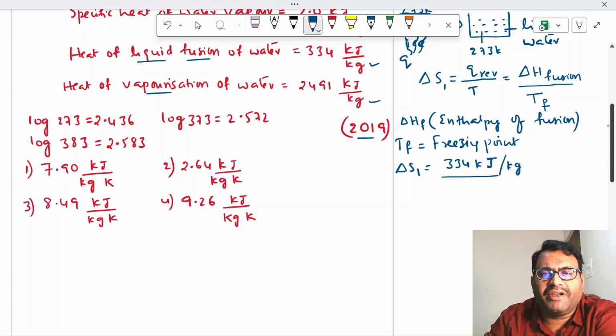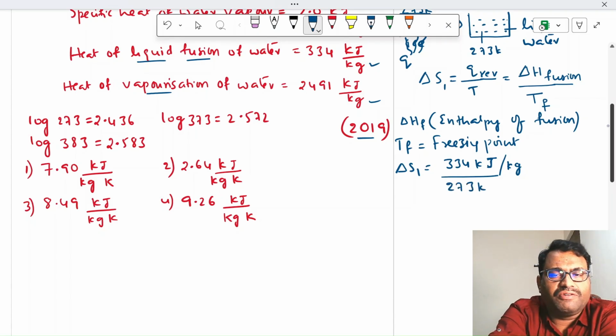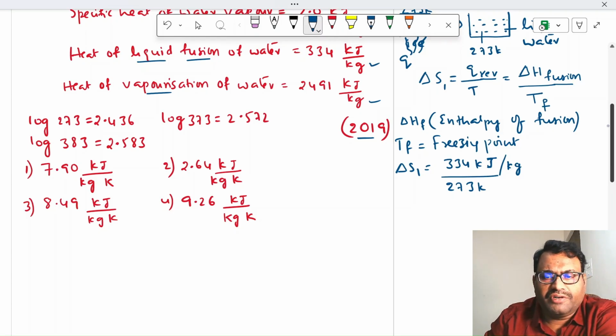This is all happening at the same temperature, 273 Kelvin. If you divide this, what answer do you get? Delta S1 will be equal to 1.22 kilojoule per kg per Kelvin.